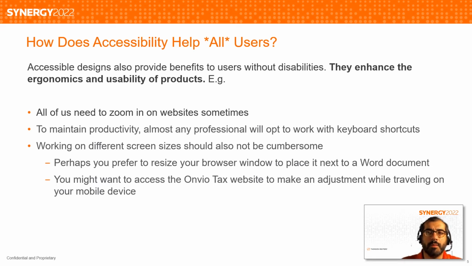Another example is to be able to maintain productivity. A lot of you, as professionals, want to be able to maintain your productivity, so you use keyboard shortcuts. That's another example where accessible design comes in because using the keyboard is a big part of accessibility. And the third example is working with different screen sizes.